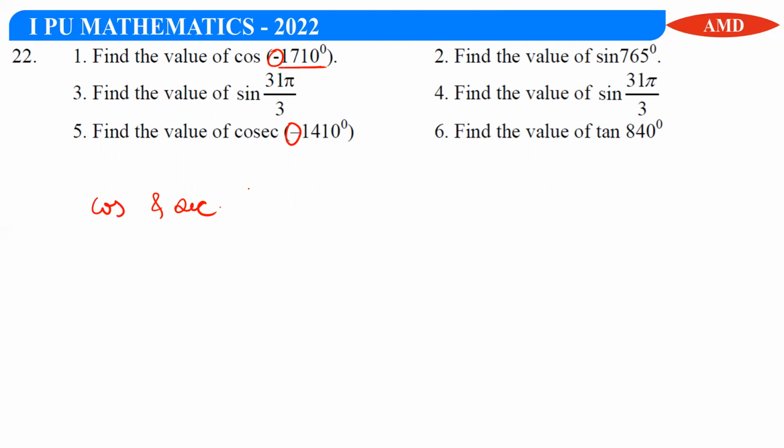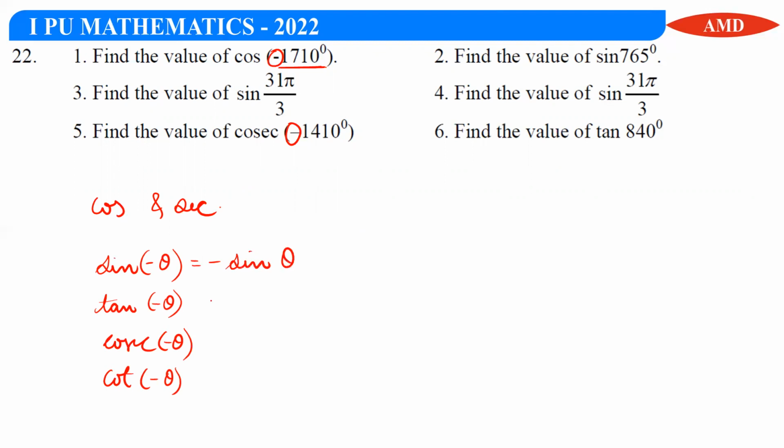But in the other cases, that is sine of minus theta, tan of minus theta, cosec of minus theta and cot of minus theta, you have to take out the minus signs and write it as minus sine theta. This will be equal to minus tan theta. The third one will be equal to minus cosec theta, and the last one will be minus cot theta. But in the case of cos and sec, you can just ignore those minus signs.